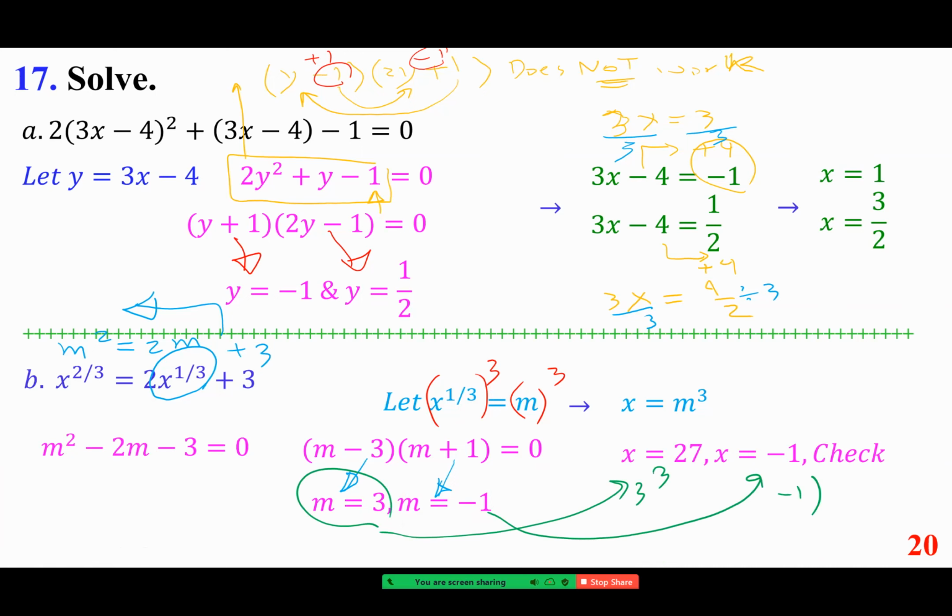This is negative 1 cubed. And it's really a good practice to check, as always, with the original equation. Nothing in between, always the original equation.